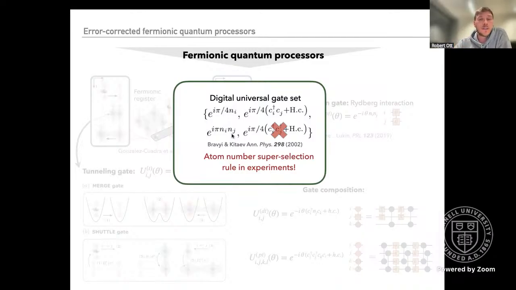If you have these three gates, then this is universal, and it tells you can decompose any many-body gate that you want to realize into these operations, and you have a universal fermionic quantum processor.